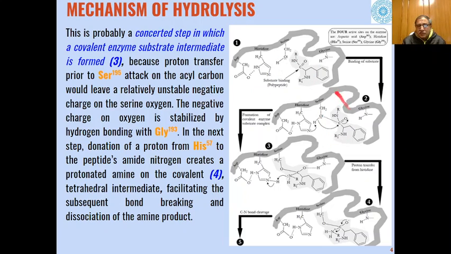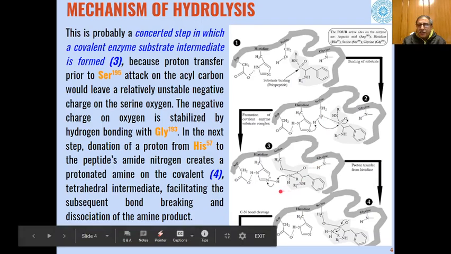Then this proton transfer has taken place, which we have already explained. Then another transfer of proton, and in the next step the carbon-nitrogen bond cleavage, the hydrolysis, has taken place.